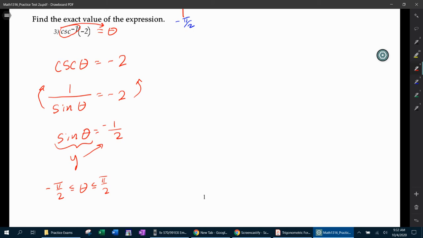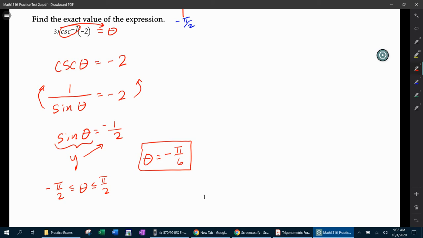So sine in the fourth quadrant is negative. And so we're looking for a fourth quadrant angle that has y negative 1/2. And that's going to be negative pi over 6. So our answer for this problem is going to be negative pi over 6.